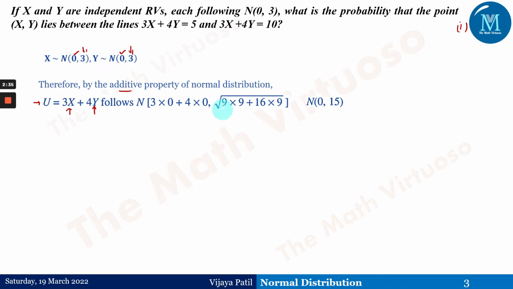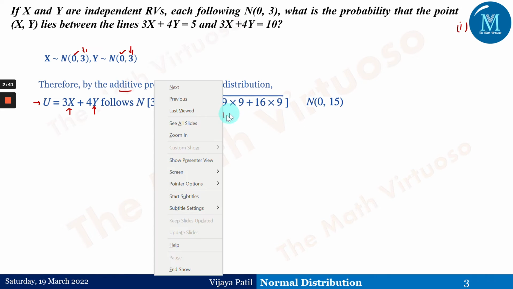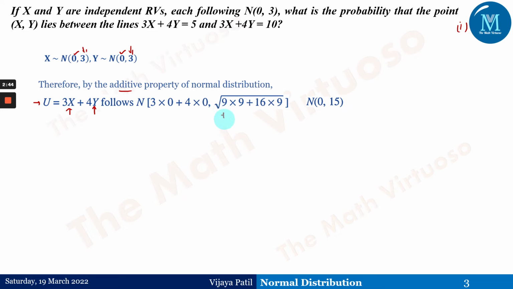So it's nothing but the square root of 9 into 9 plus 16 into 9, that is 3 square x square plus 3 square y square. So x we replace by 3, y we replace by 3. We get that this particular u follows the normal distribution with 0, 15.